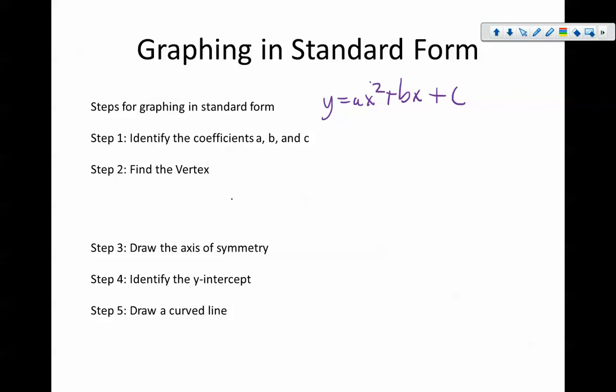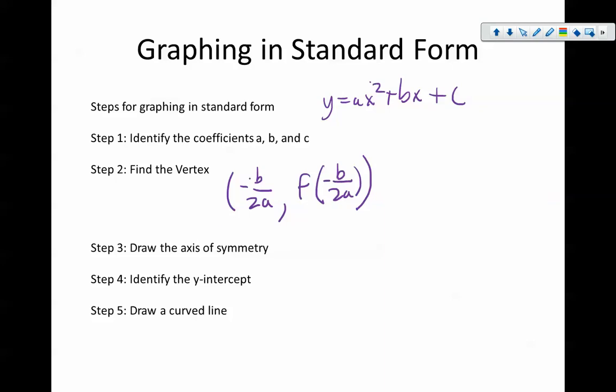Then we want to find the vertex. And again, the vertex, we can use this formula, -b over 2a. To find the y value of that, we're going to take this value and plug it into our function. Now we'll see that in just a second, okay?